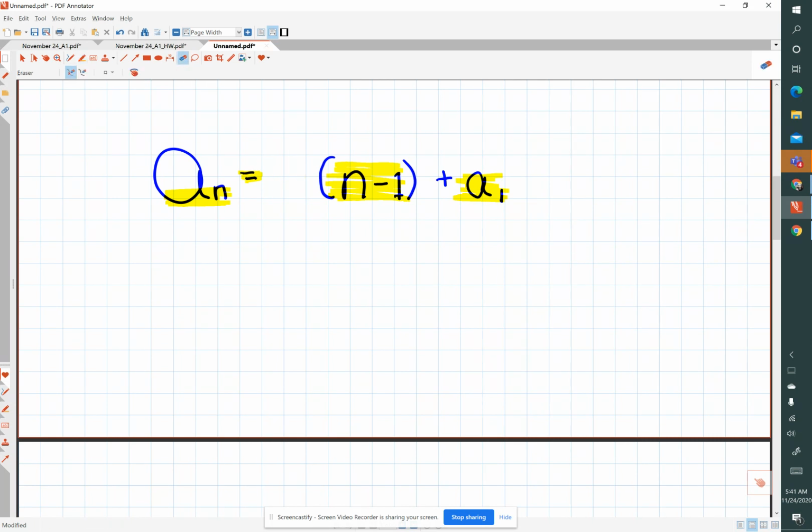Okay, so let's do some erasing. a sub n equals d times the quantity of n minus 1 plus a sub 1.